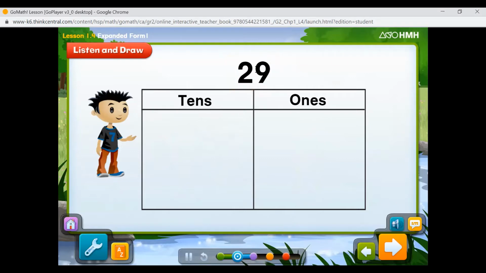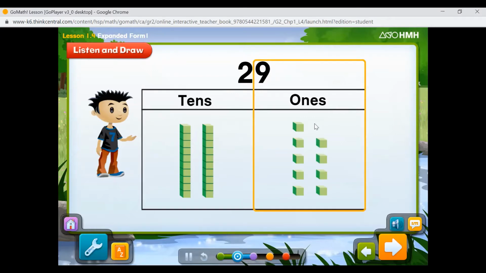There are 2 tens in the number 29. The 2 in the tens place tells you to use 2 tens blocks. There are 9 ones in the number 29. The 9 in the ones place tells you to use 9 ones blocks. You can model 29 with 2 tens blocks and 9 ones blocks.